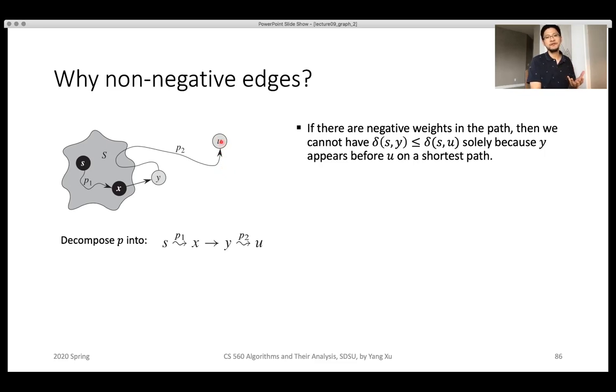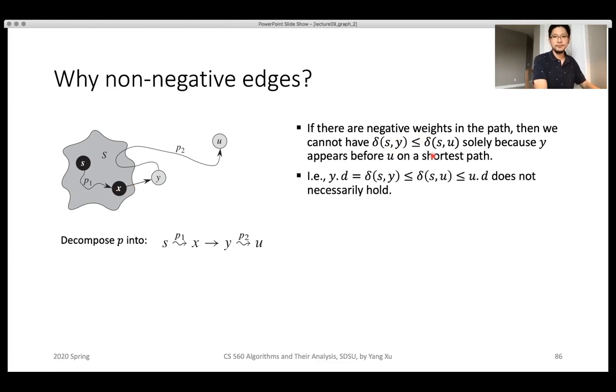Makes the delta between s and u smaller than the delta between s and y. So we cannot always have this inequality true, right? So our previous inequality does not necessarily hold, okay?